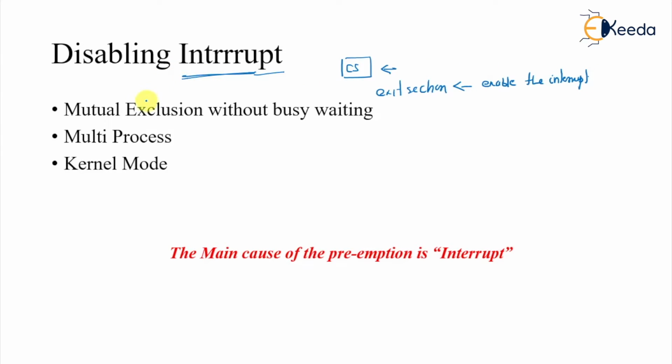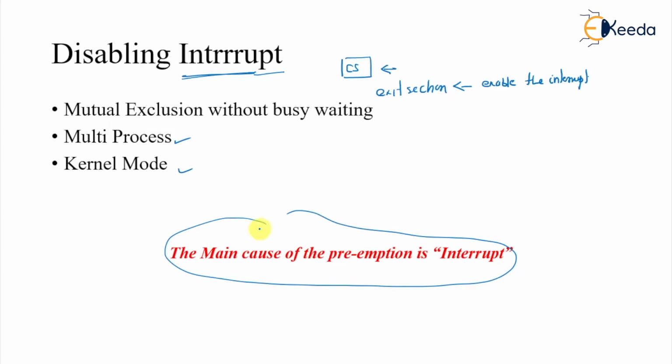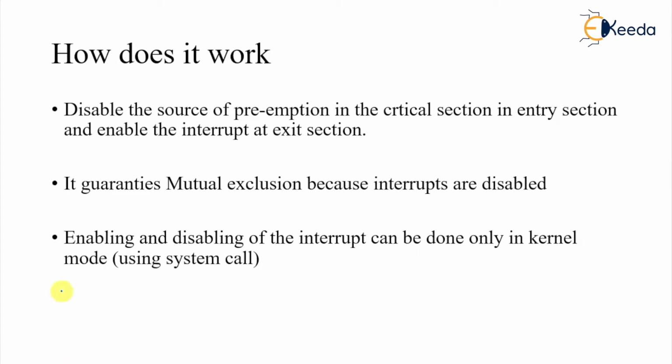We can have multiple processes, and it is in the kernel. The main source of preemption is the interrupt. So disable the source of preemption at the entry section and enable it in the exit section. It guarantees mutual exclusion, because the interrupt is disabled and no one will come.